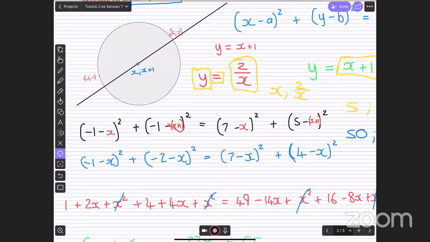So you guys did the foiling out, yeah? So let's just check, okay? So we're subbing in -1, 7 and 5. That's where, because this is x, it should have been 5.